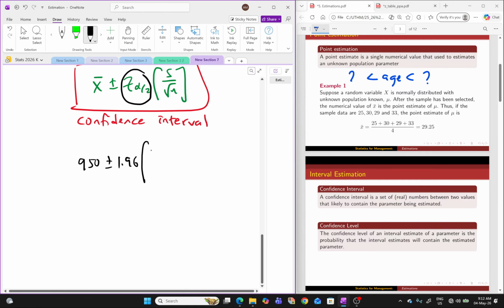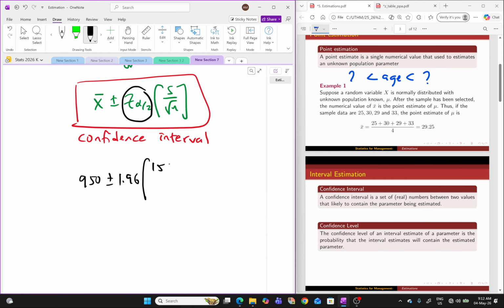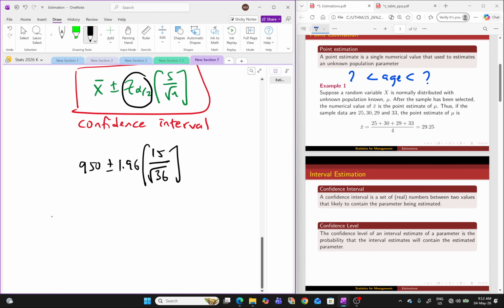S is what? 15, and my n is 36. Now if you compute this confidence interval, I just put a CI here. 950 minus, do this one minus first, minus this, let me know what is here, comma.